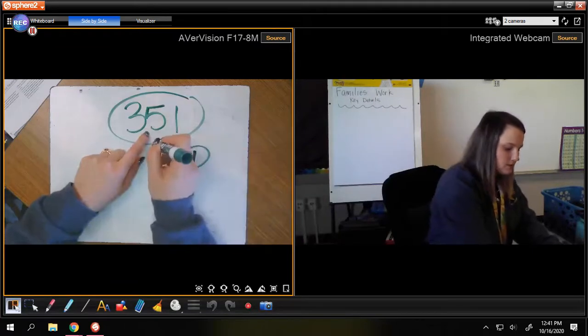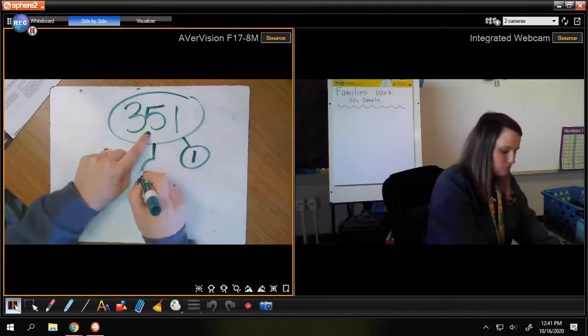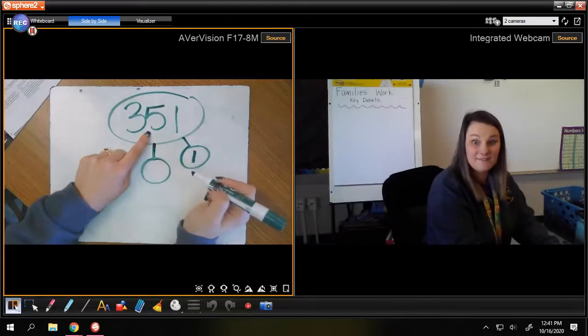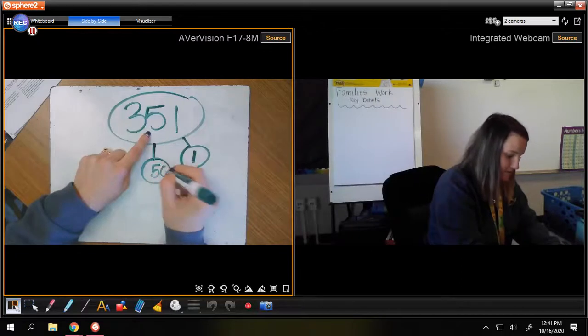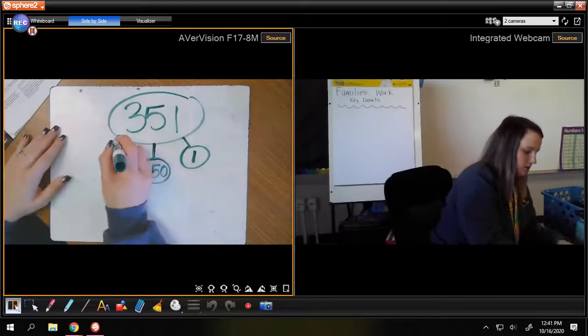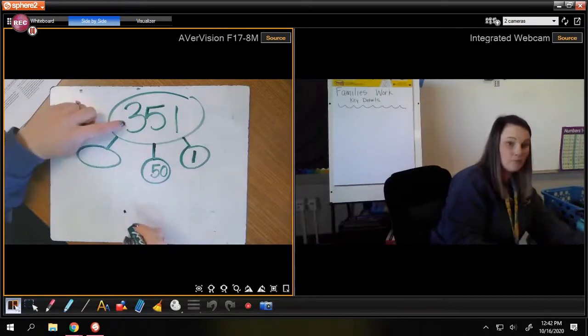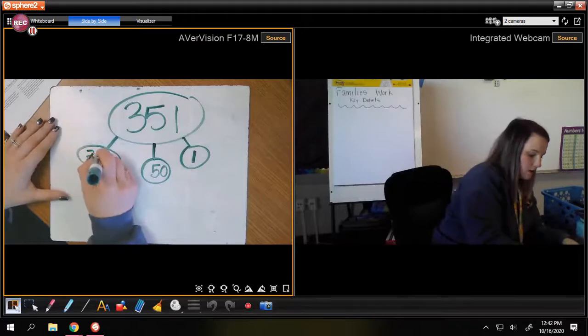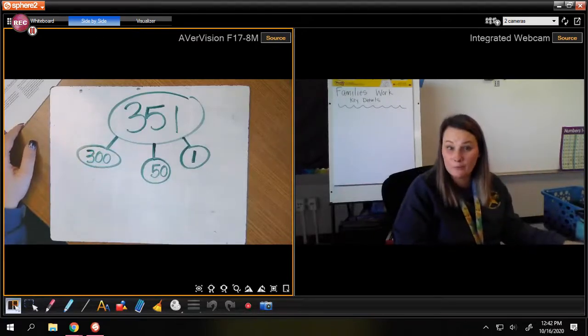Here's our tens. How many tens do we have? 5. Awesome. 5 tens, which makes 50. And then our last one, how much 100? 300. Now we're going to write it into our unit form.